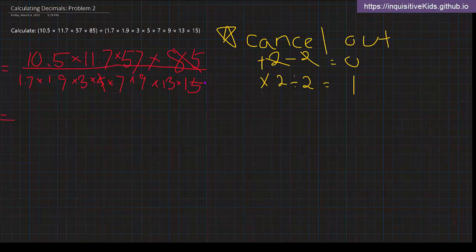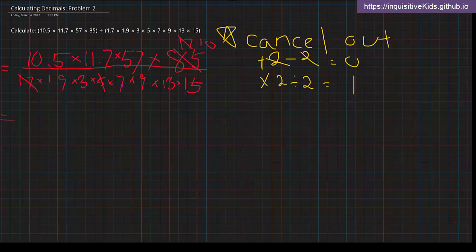And what times 5 equals 85? Well, that's 17. So 85 right here is 17. And 17 and 1.7 look alike. So 17 divided by 1.7 is equal to 10.